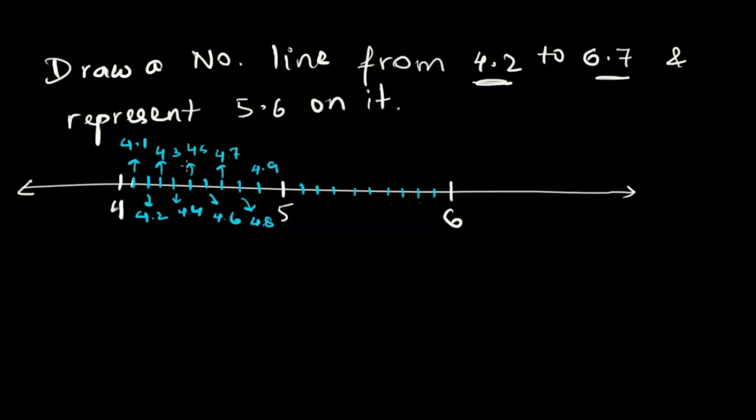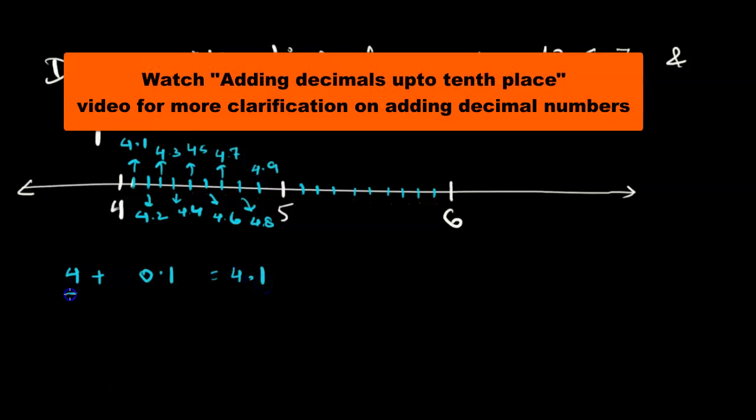So technically what we are doing is we are adding 0.1 to the previous number. So when we add 4 and 0.1, we get 4.1. How do we add it? 4 is without decimal, so we always put a decimal after the number with a 0, plus 0.1.